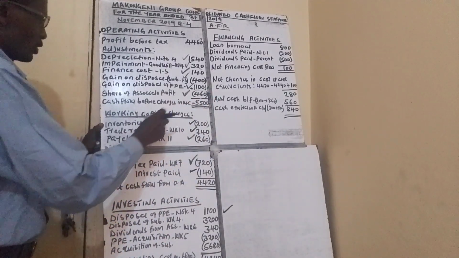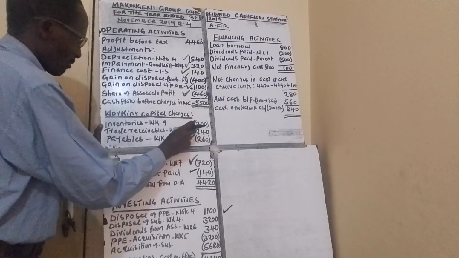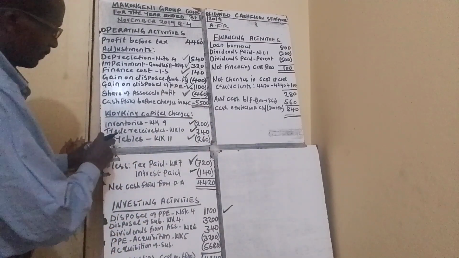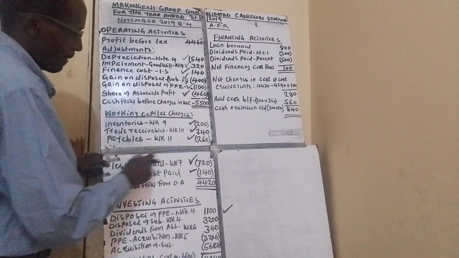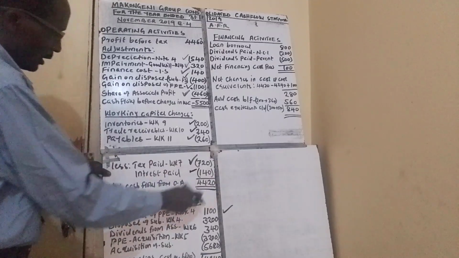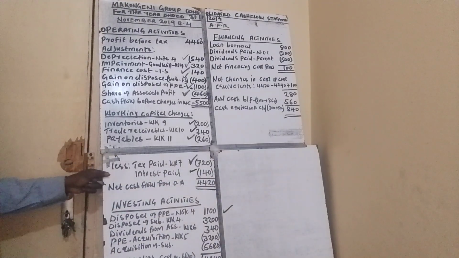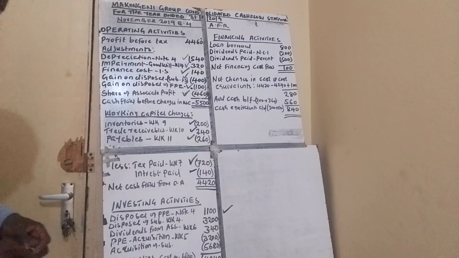Working capital changes, you minus inventory 200, you plus trade receivables 240, you less payables 260, tax paid 720, less interest paid 140, you get 420. That is operating activities figure. The net cash flow from operating activities.